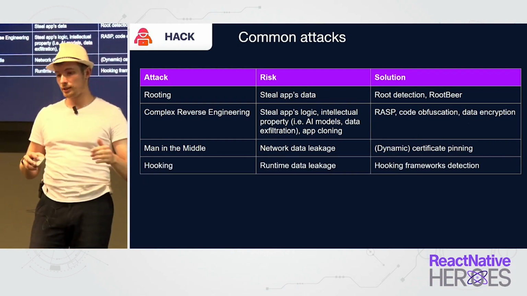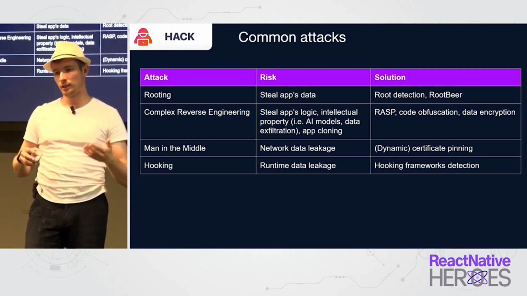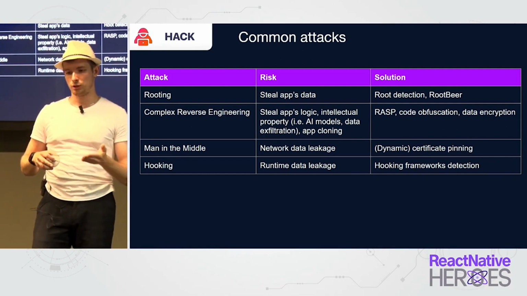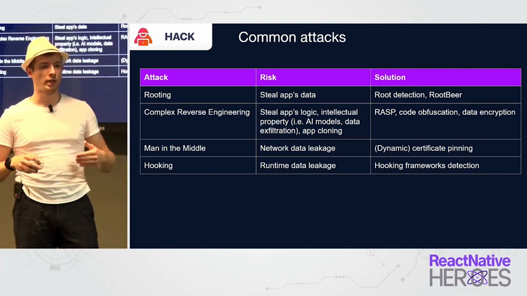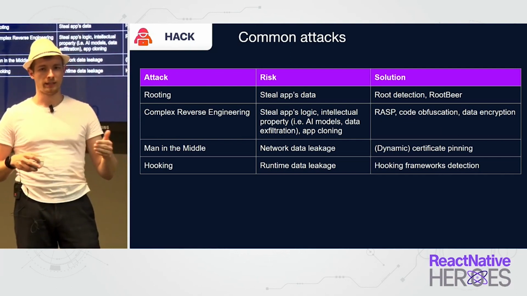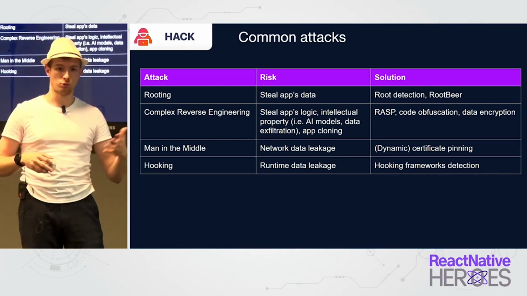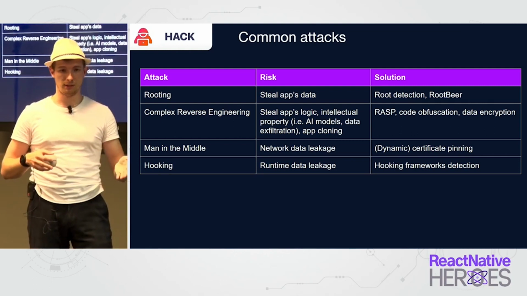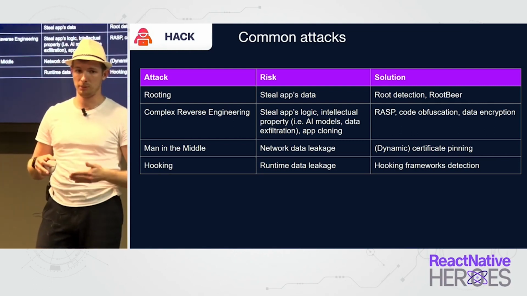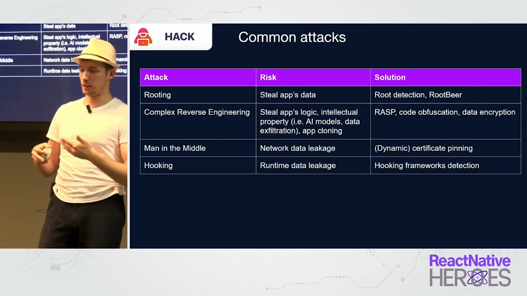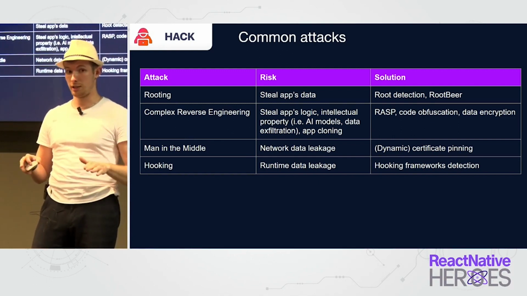Then there are hooking attacks. Those are a similar threat to rooting, because hooking is oftentimes used to manipulate the runtime of your application to extract secrets, and the flow of the application can be changed so the attacker can see things you would like to hide.